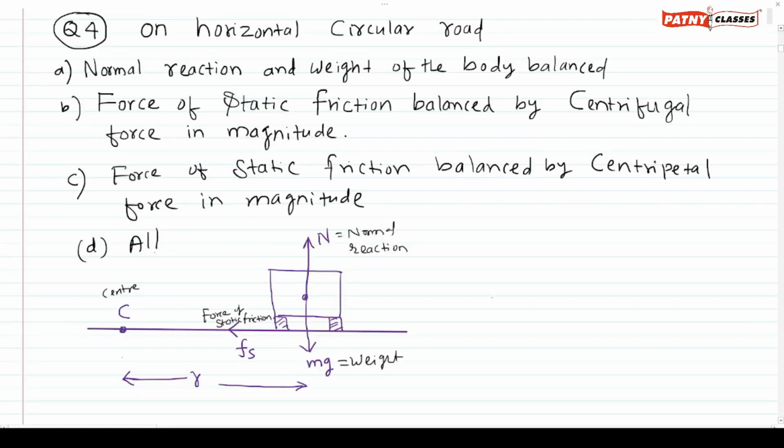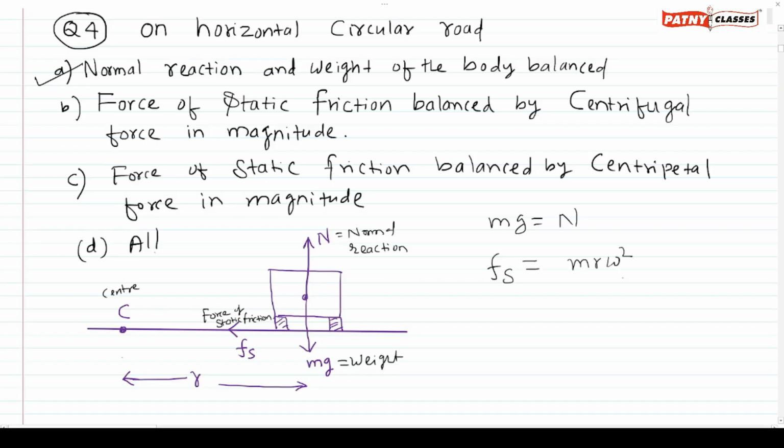In case of horizontal circular motion, the normal reaction is balanced by the weight of the body. Therefore, mg equals N. Here is option A: normal reaction and weight of the body are balanced. This is the first condition for horizontal circular motion. And the force of friction Fs equals the magnitude of centripetal force.